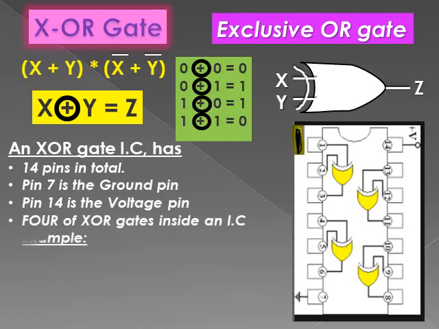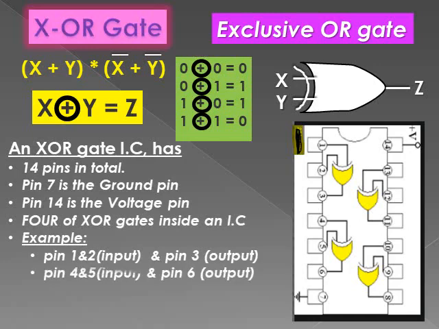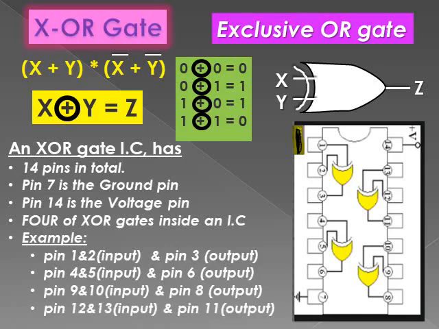This integrated circuit has 4 gates inside. As an example, pin 9 and pin 10 are the inputs, and pin 8 is an output. Pin 12 and pin 13 are for the inputs, and 11 is the output. And so on. The diagram to the right is how the internal presentation of the integrated circuit looks like.